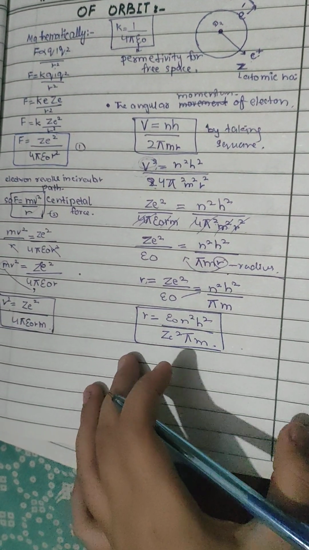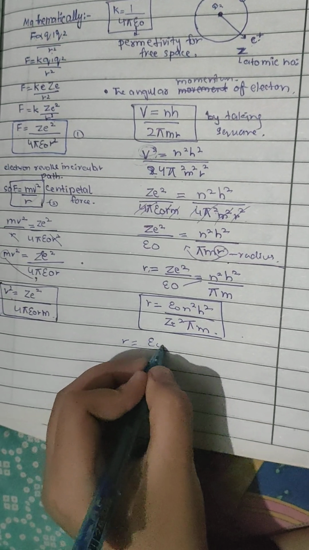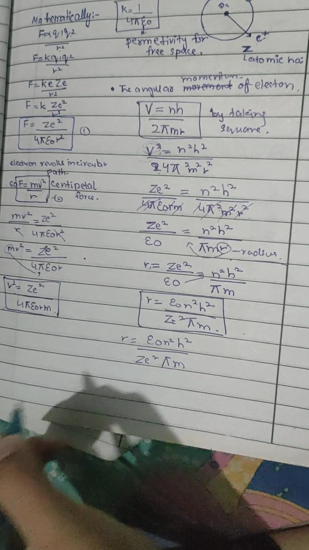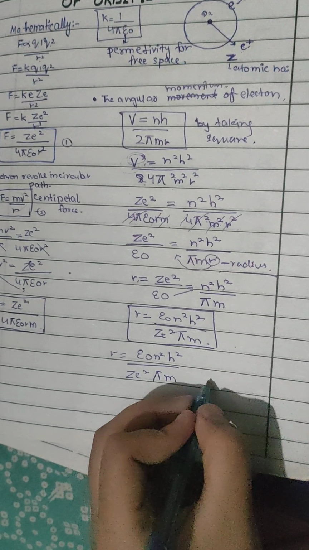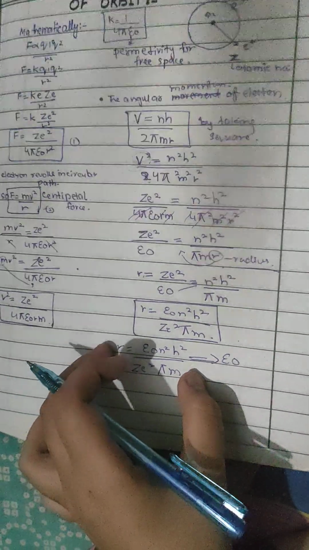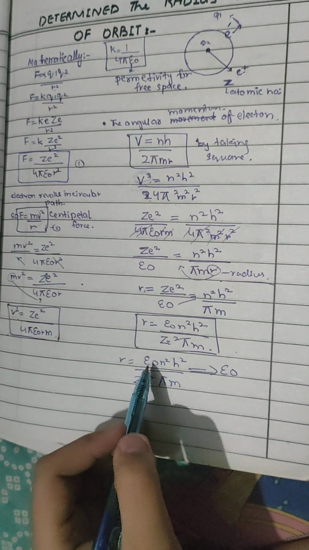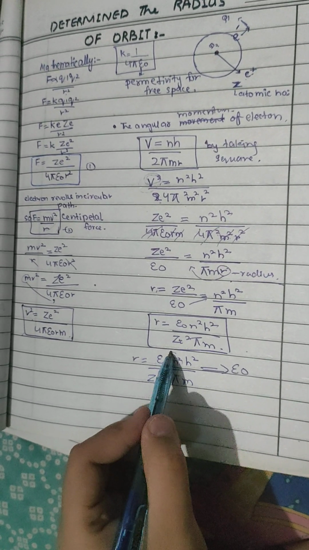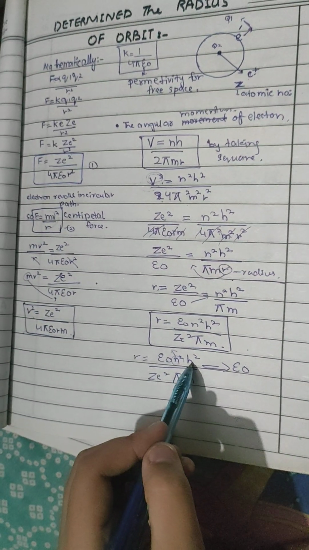Still something is remaining over here. Now here you can see r is equal to epsilon n square h square upon ZE square pi m. Now we are removing the constants to one side, while the variables stay on the other side. From this whole equation, epsilon is constant, n is not constant because the number of the orbit can change.